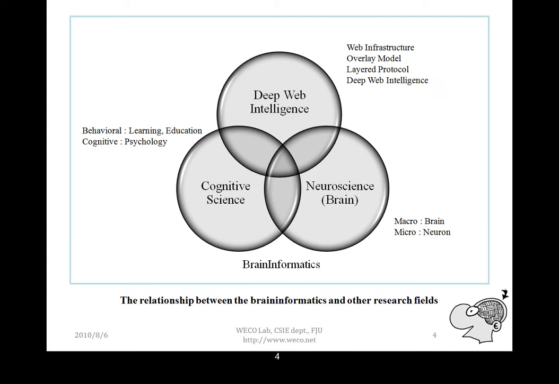This is the relationship between brain informatics and other research fields. We can see three research fields. One is Deep Web Intelligence, which is what we have studied in the WECO lab.